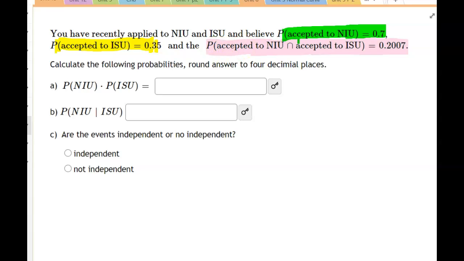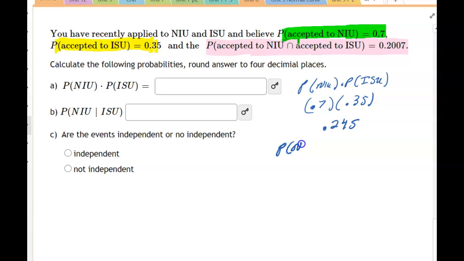Let's just go through the calculations here. For Part A, the probability of NIU times the probability of Illinois State is equal to 0.7 times 0.35. Multiplying those on my calculator, I get 0.245.